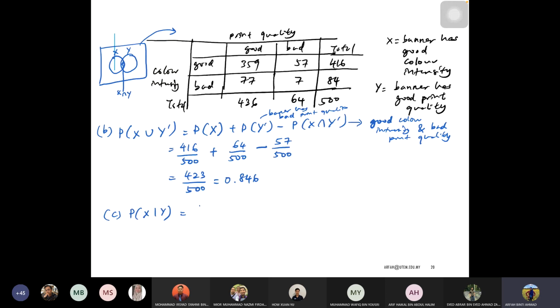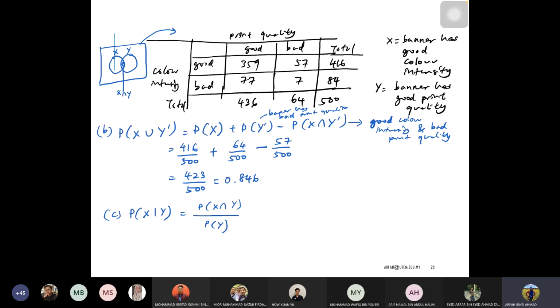So menggunakan definition, dia sama dengan kebarangkalian X and Y divided by P, Y. X and Y, kebarangkalian X dan Y berapa?